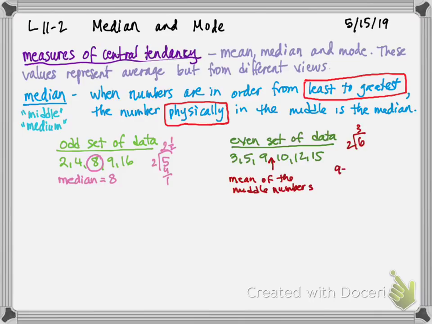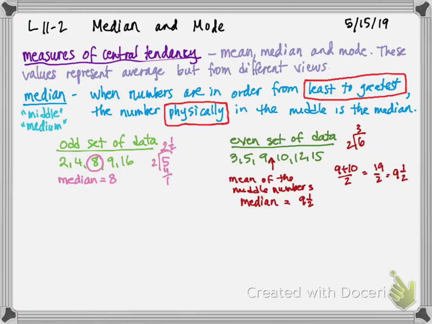So we're going to have 9 plus 10 divided by 2. That's how we find the mean of 2 numbers: add them, divide by 2. And that's going to be 2 goes into 19 9 times, which is 18 with 1 left over. So the median is 9.5. Okay. So those are the 2 scenarios that can happen.